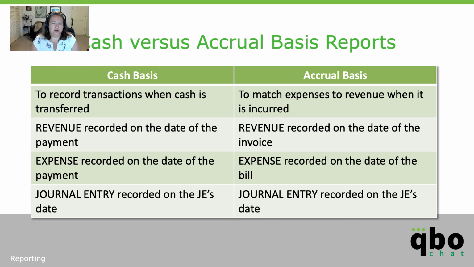Now, journal entries only have one date, so it's only recording on one date. Okay? So if you're doing a journal entry that is making an adjustment to the books to properly get it into an accrual basis, so accrued expenses, prepaid expenses, deferred revenue, all of these different kinds of journal entries that we can make to make proper accrual-based reports, a lot of those go through journal entries, right? There's only one date.